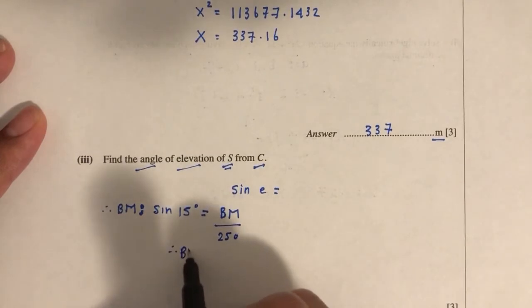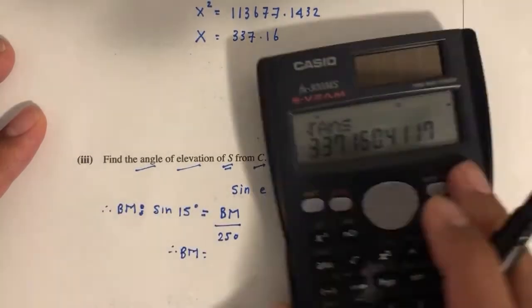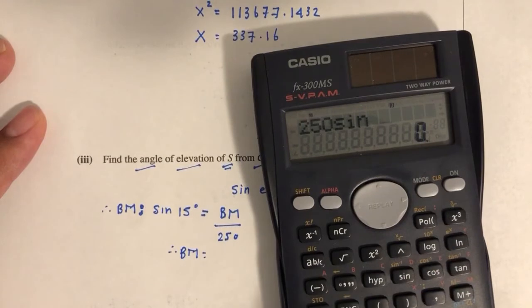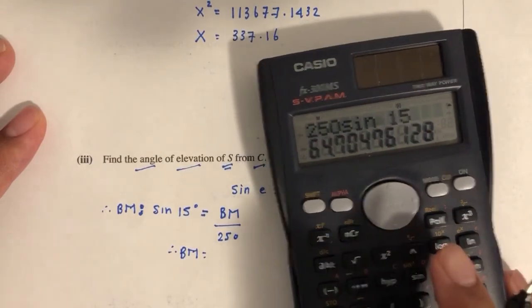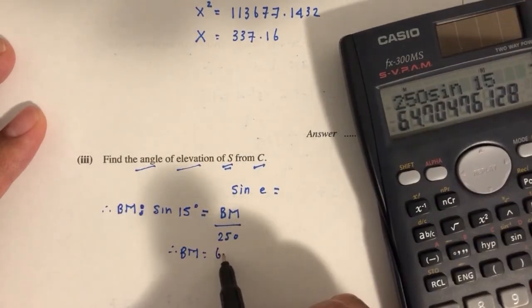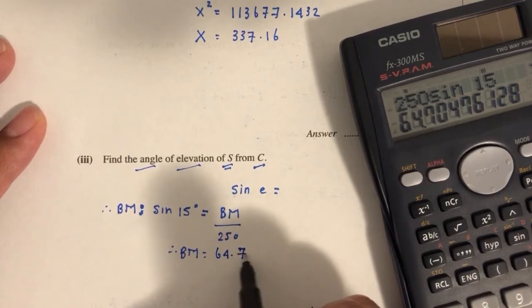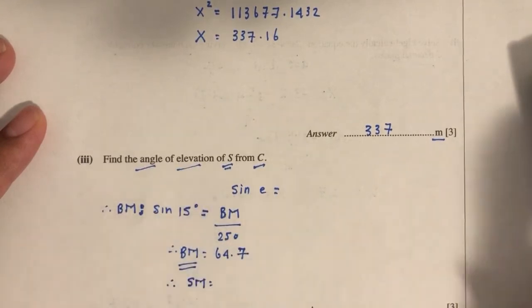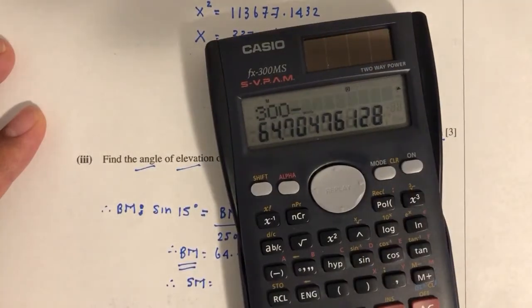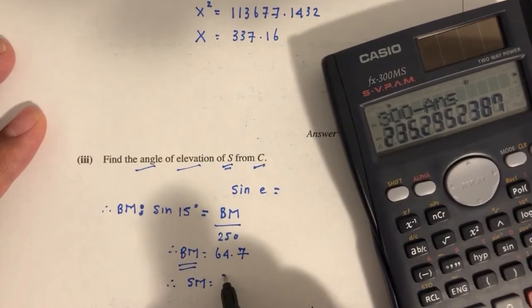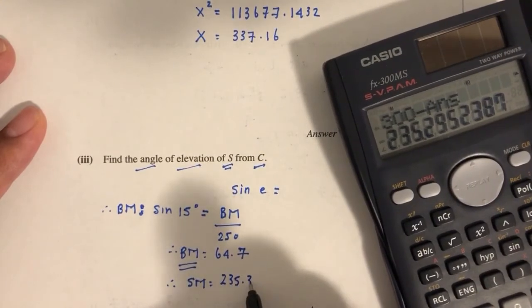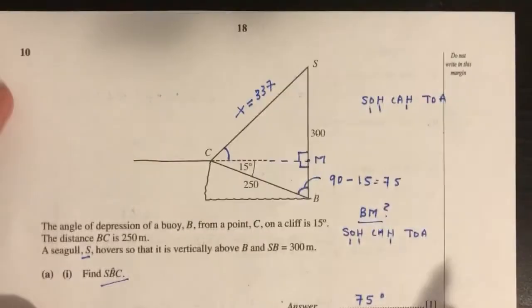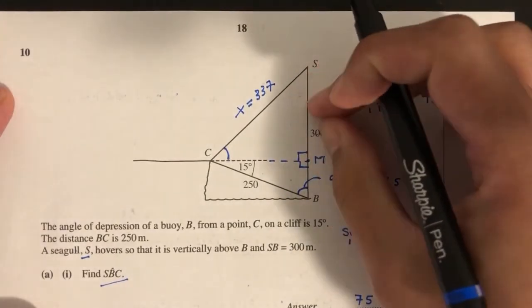So BM is equal to 250 sine of 15, which will be 64.7. That is BM. If you know the size of BM, you know that SM will be equal to 300 minus that, which is 235.3. So SM is this length, right?